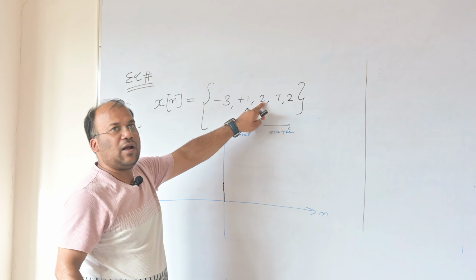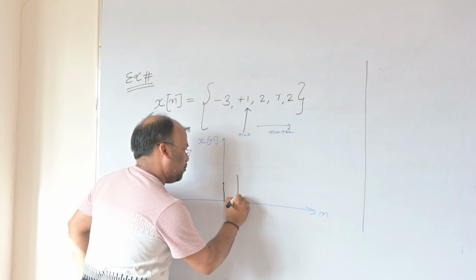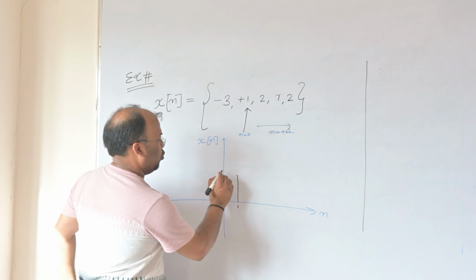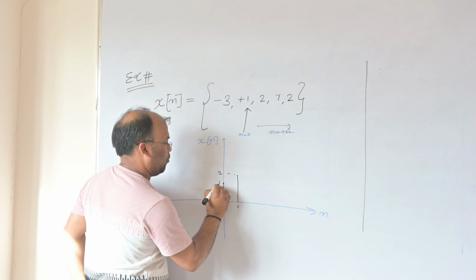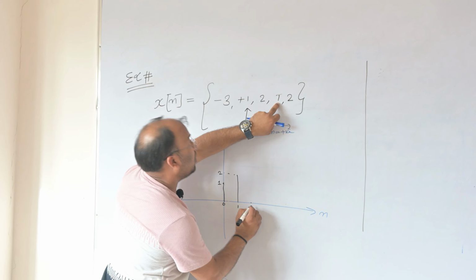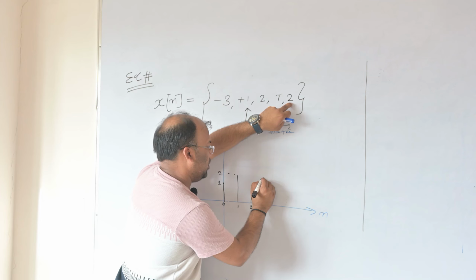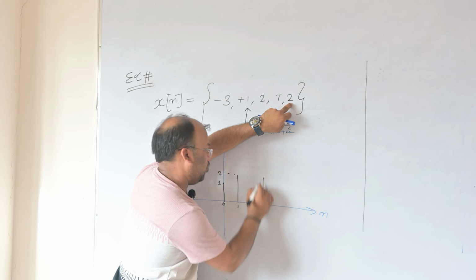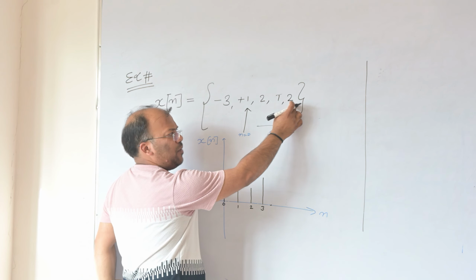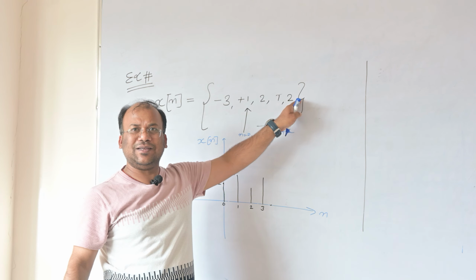So at the value of n equal to 1, the magnitude is 2. At the point of n equal to 2, the magnitude is 1. N equal to 3, magnitude is 2. Again, the next point is n equal to 4, magnitude is 0. That is not mentioned here. We will take the next point where the magnitude is assumed to be 0.